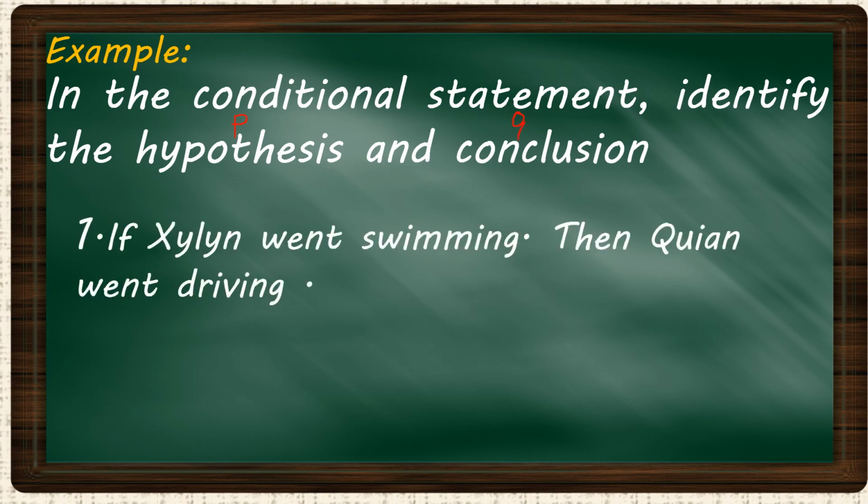For example, number 1, if Xylene went swimming, then Kian went driving. So in this case, we have first to find the hypothesis. Remember that P is our if statement and Q is our then statement.